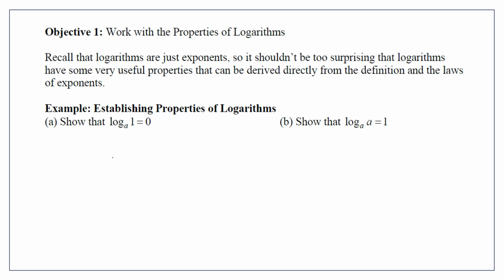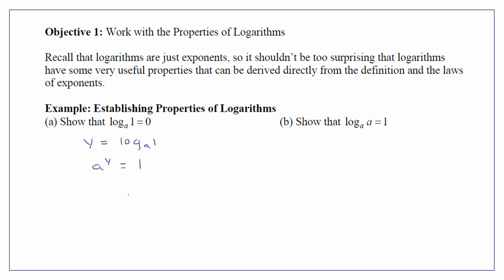We're going to show that the log base a of 1 equals 0. So we set y equal to the log base a of 1. We'll rewrite this as an exponential statement: a to the power y equals 1.